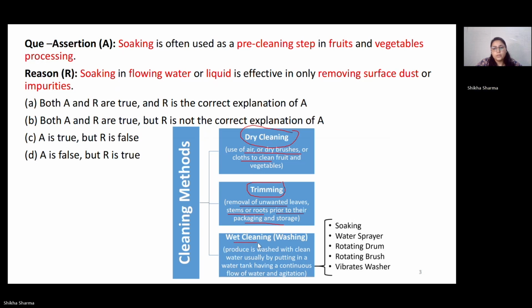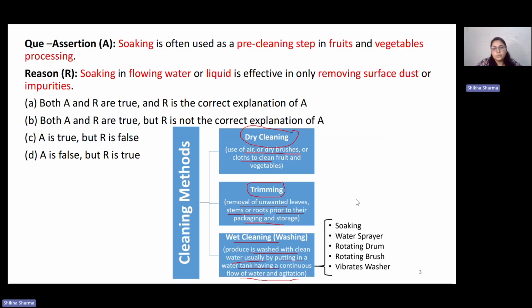Next is wet cleaning, also known as washing, where the produce is washed with clean water, usually by putting it in a water tank having a continuous flow of water and agitation.